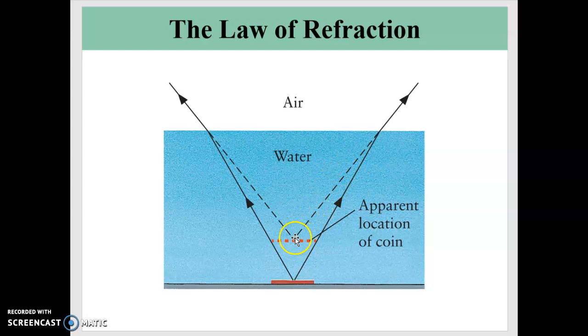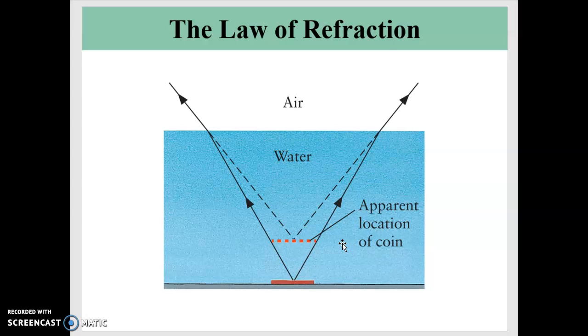The apparent position is shifted upward, so it looks like it's closer. The apparent position changes because the light rays diverge at the surface, and that divergence correlates with shifting the position that it looks like the light rays were generated from.